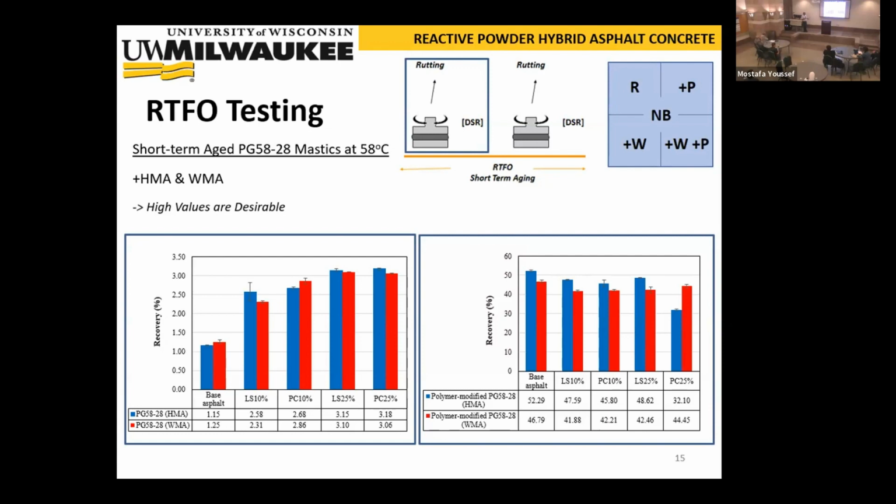But the interaction with the particulates shows some mixed results, some drop when you are talking about the regular binder just with polymer modification, but you don't lose that recovery when you add the warm mix. So the interaction between the modification and the particulates is really very complex, and you will see that trend all over.